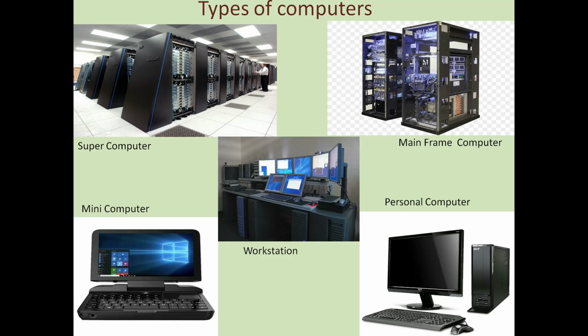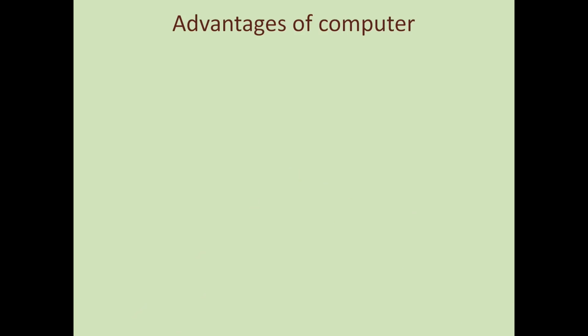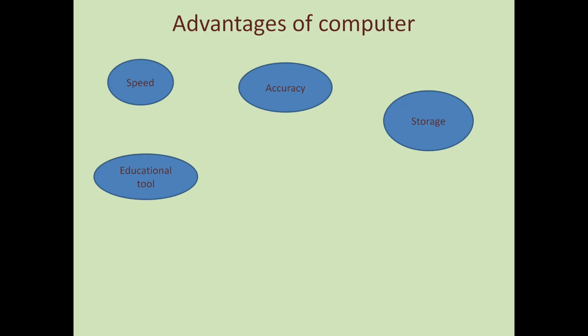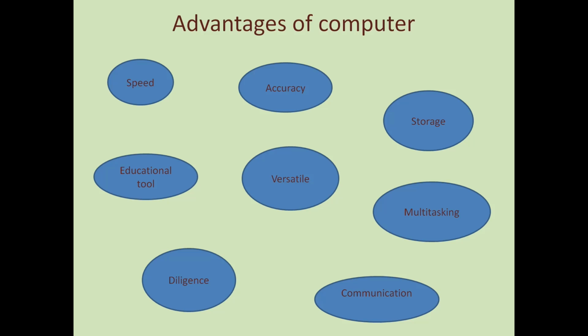Now we move on to the next topic, that is advantages of a computer. On the screen you will see various advantages of a computer. We all know that computer has made a vital impact on our society. Therefore, the computer technology has affected most of the fields of our life.